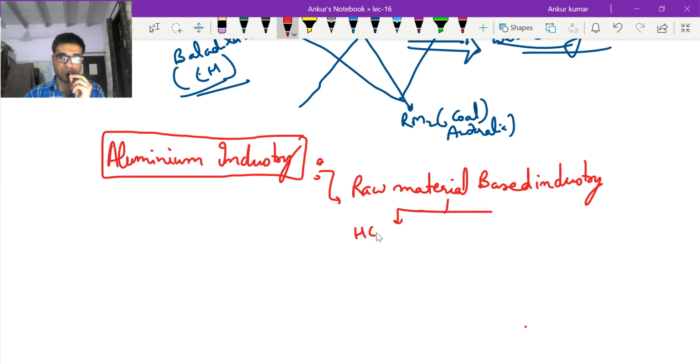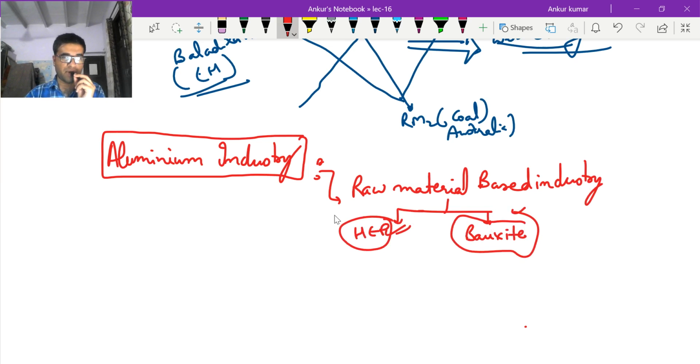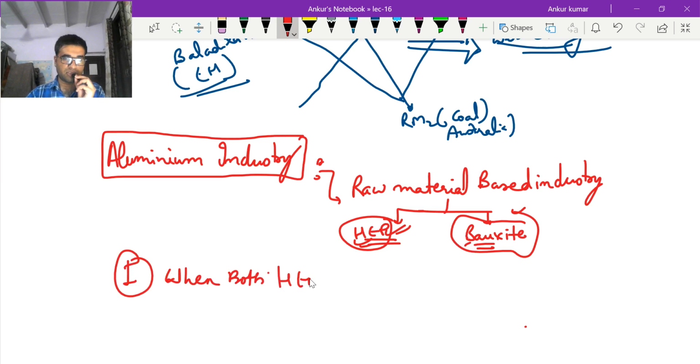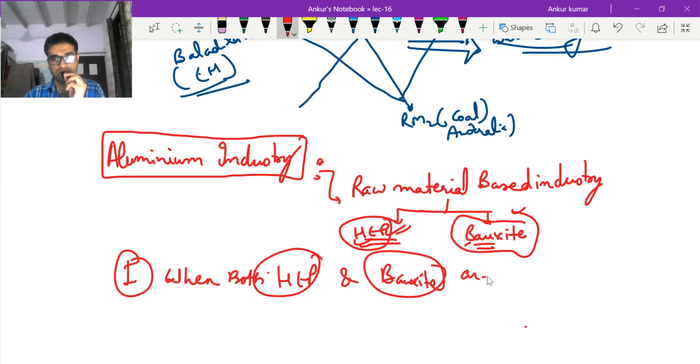Number one is the HEP, hydroelectric power, and number two is bauxite. And on the basis of these two, we will divide the location into two parts. The first part that we will do is when both HEP and bauxite are located away from each other.